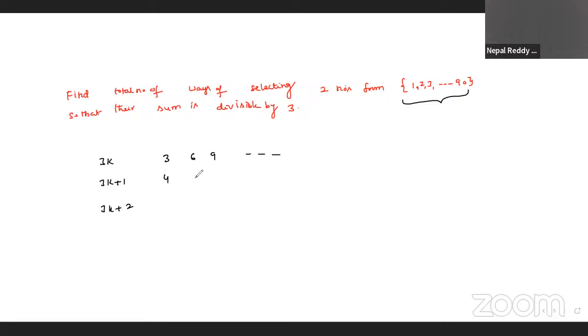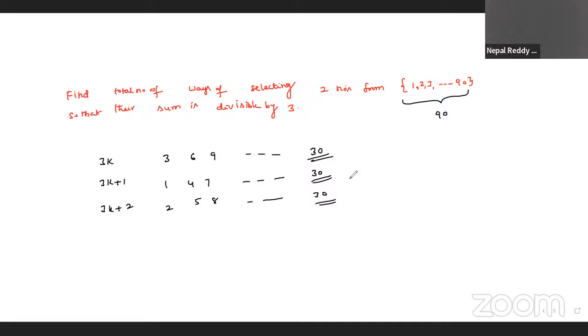Next, 3k plus 1: 1, 4, 7 and so on. Next, 3k plus 2: 2, 5, 8 and so on. So 1, 2, 3, 4, 5, 6, 7, 8, 9 and so on, and in total there are 90 numbers. 3k first type 30, 3k plus 1 second type 30, 3k plus 2 third type also 30 numbers, right?